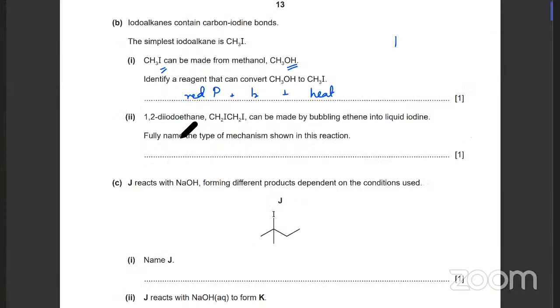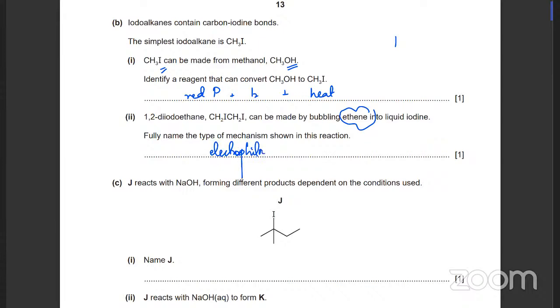And then the next one is this thing can be made by bubbling ethene into iodine. Name it. So what is the reaction mechanism for an alkene? Electrophilic addition.